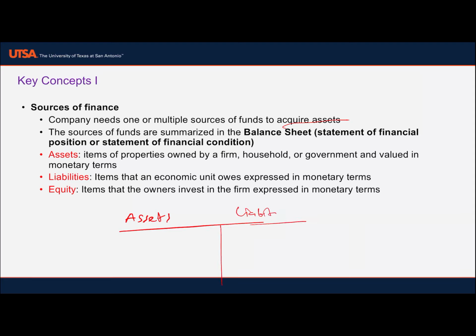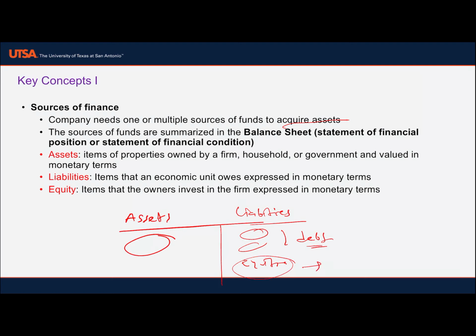We have assets, liabilities, and equities. Assets are all the items the company has. Liabilities are items that an economic unit owes, expressed in monetary terms. These are the loans and credits.